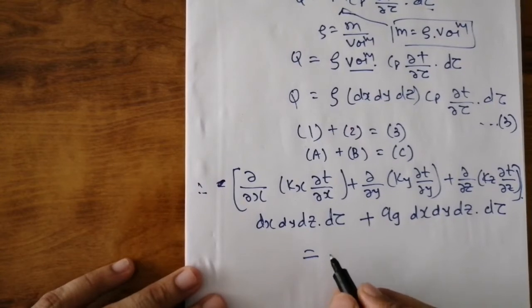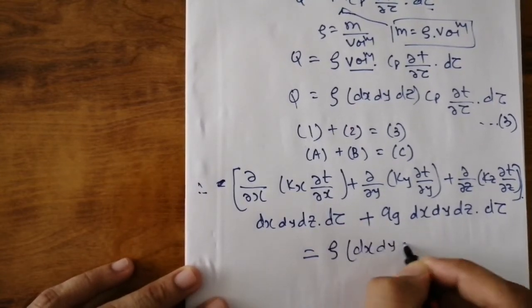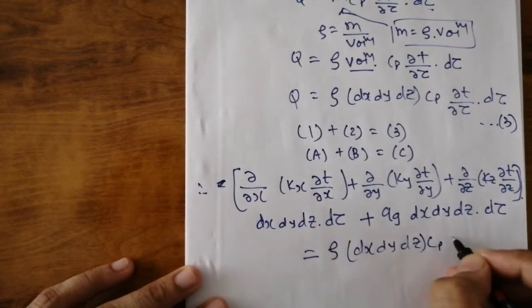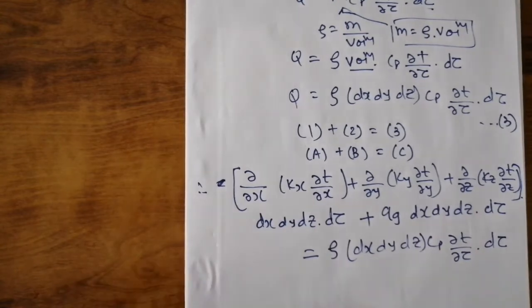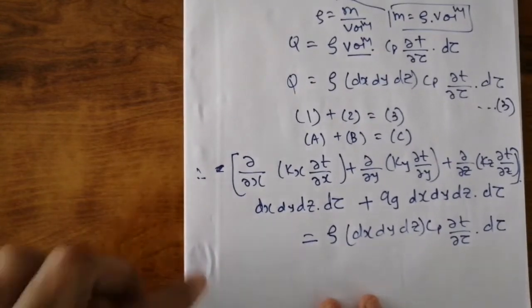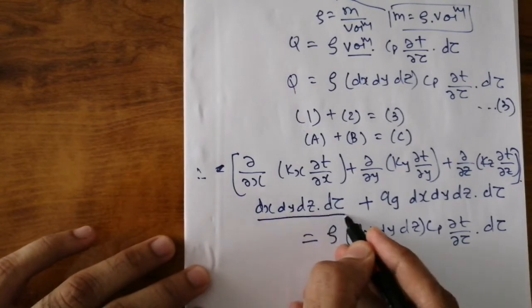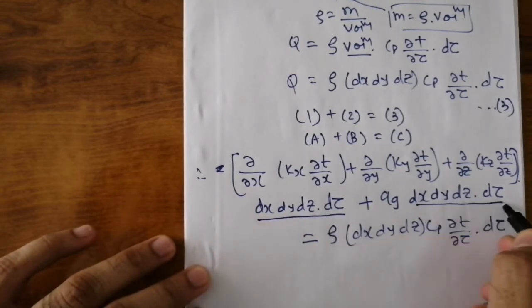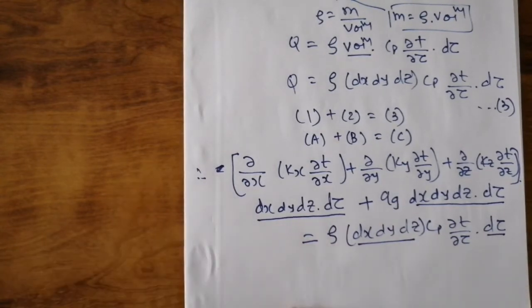Equal to equation number 3, energy stored in the element, which is density dx dy dz cp del t by del tau into d tau. Now from this equation you can see that dx dy dz and del tau are common in all terms, so take them common and cancel out.